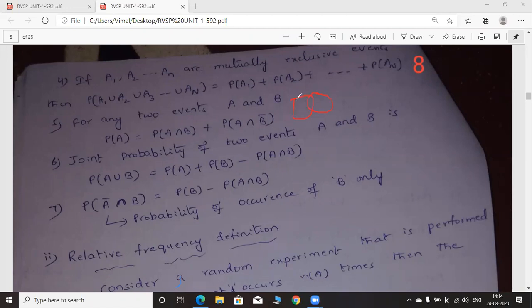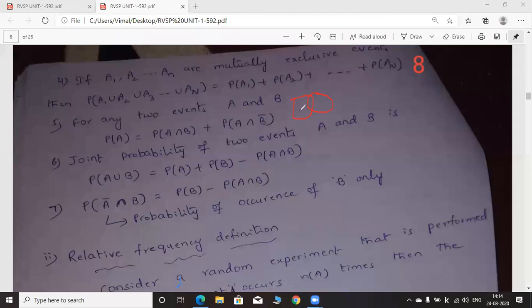Okay, first circle is event A, second circle is event B. So what is the common part for two events, capital A and capital B? This is the common part. We want the probability for the event A. So how can we get this?